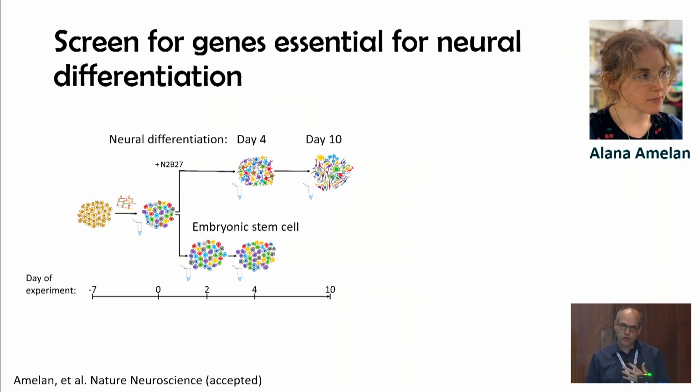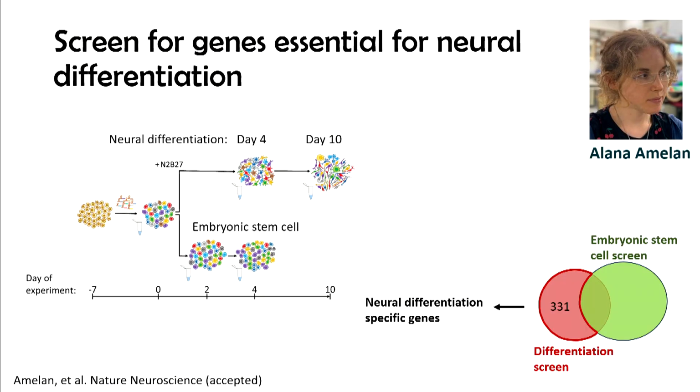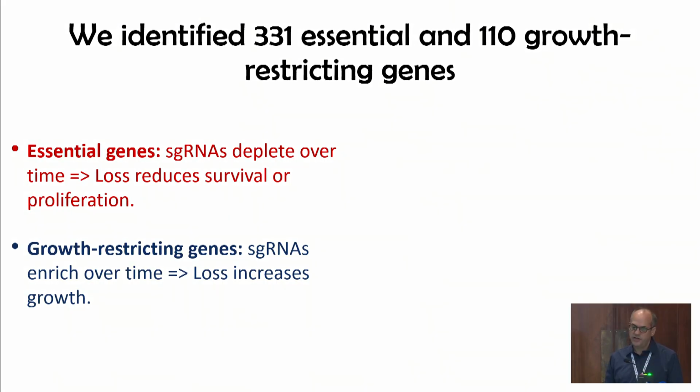Then she split those cells into two groups. One group went through differentiation to neural progenitor cells and neurons. The other group was kept as embryonic stem cells. By comparing the two screens, she could identify the changes that are specific to neural differentiation. By this, she identified 331 essential and 110 growth restriction genes.